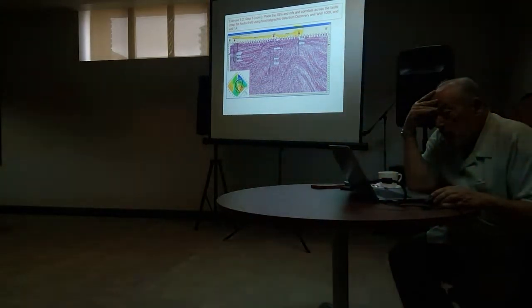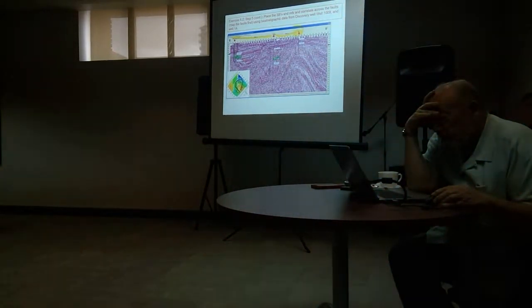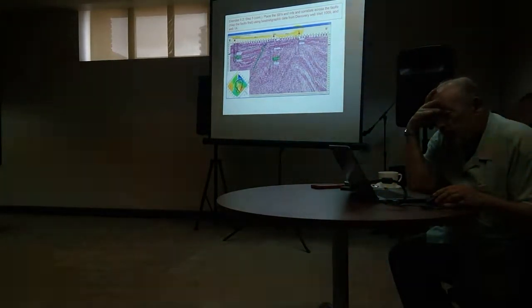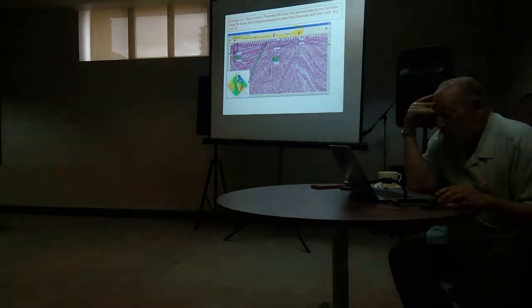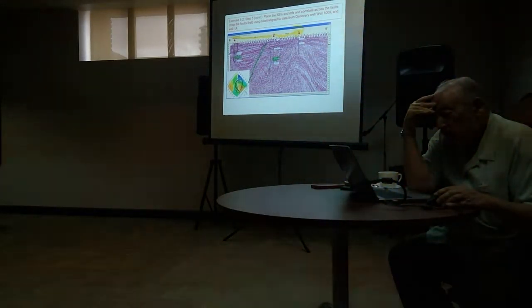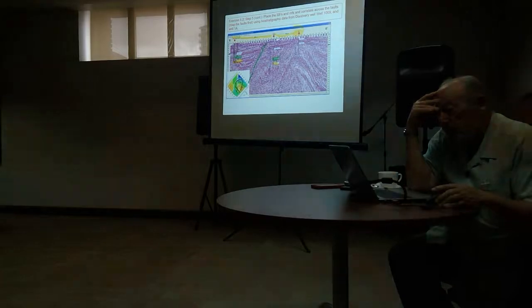Okay, so the upper reservoir, number 2, on the other side of the fault. There's your fault coming down through this. And reservoir 1, I'm going to color that yellow this time. Reservoir 1 down here and down here.